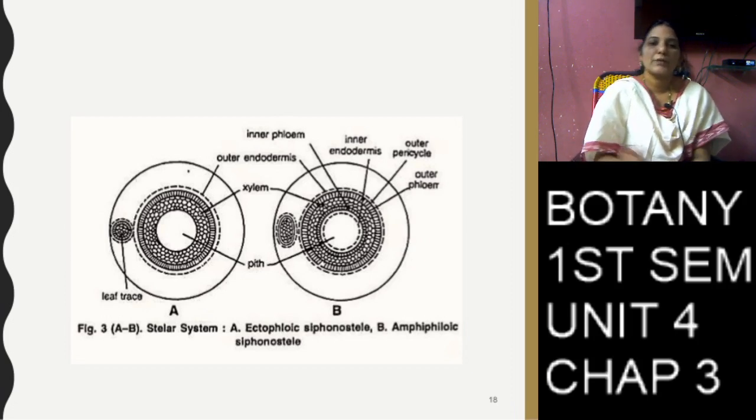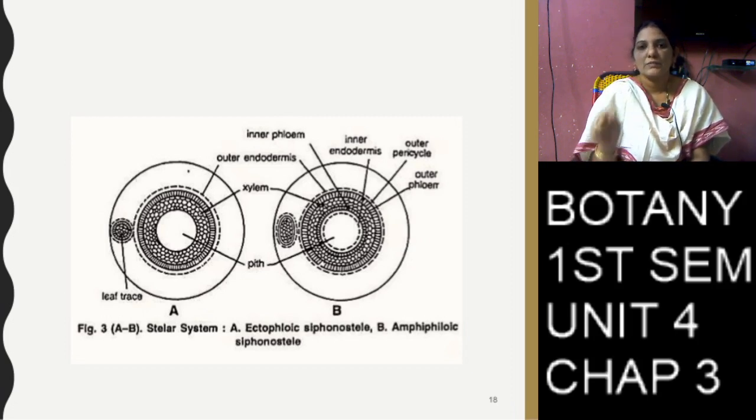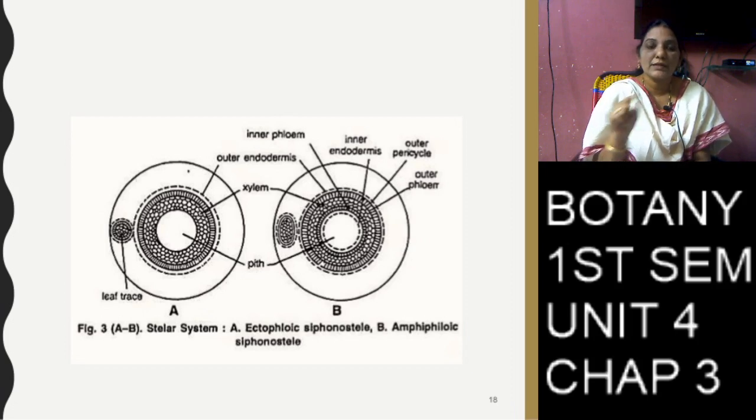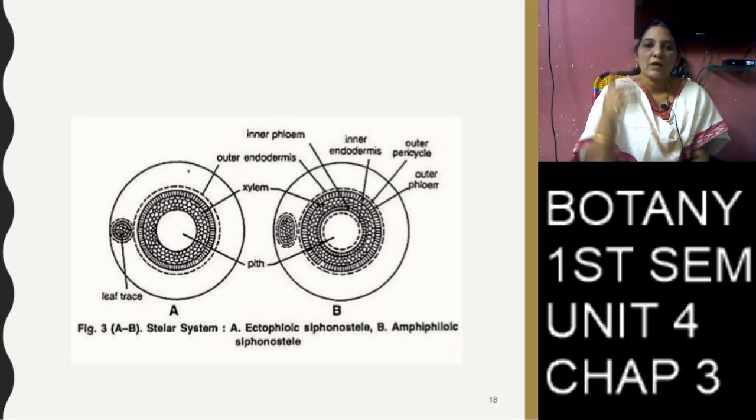Here the medulla or pith is present, and the xylem is present in the middle of the stele. The phloem covers both sides of the xylem, so we can call them outer phloem and inner phloem. The pericycle and endodermis are also present on both sides of the xylem.